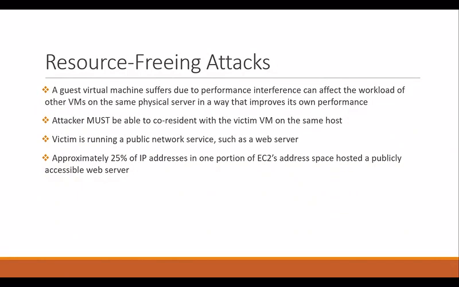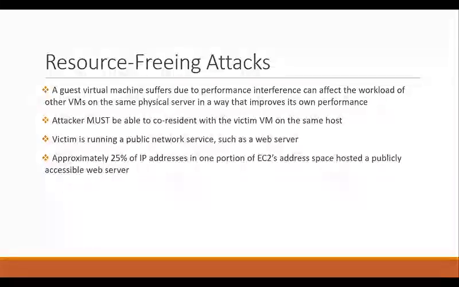So the general idea here is that the guest that suffers due to performance interference can affect the workload of other VMs on the same physical server in a way that improves its own performance. And by this I mean if you have two co-resident virtual machines, one is yours and the other is the victim, due to the poor isolation it will badly affect your performance.